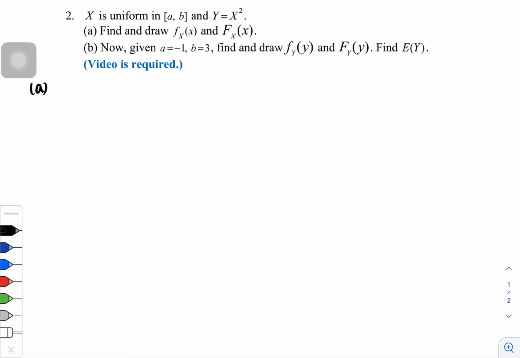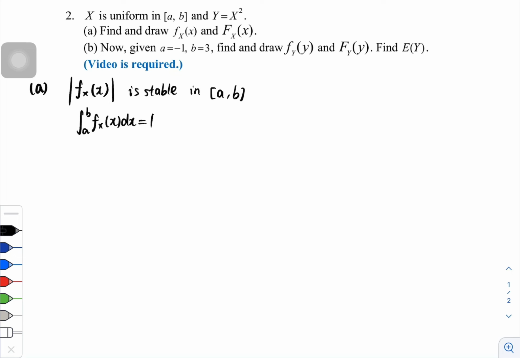Because x is uniform, the density is constant in this part. And we know that this should be 1.